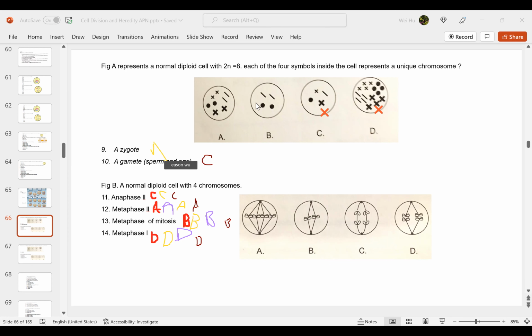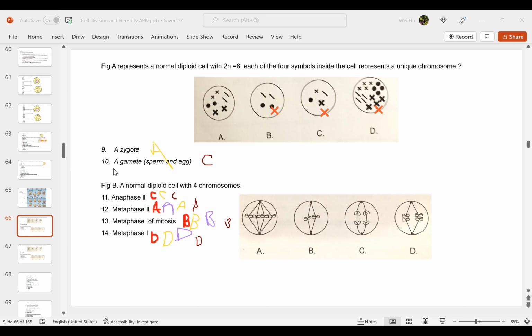Okay, you do have 2n, but unfortunately, n is not equal to 4, because n is equal to 2. 1 and 2. So this one is also wrong. So then the answer for 9 is A, correct? You only have one choice because 2n is equal to 8.